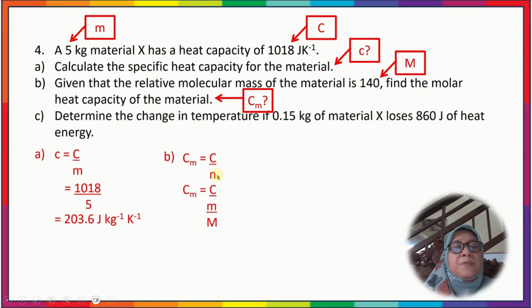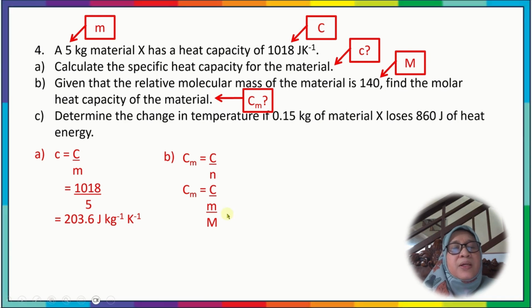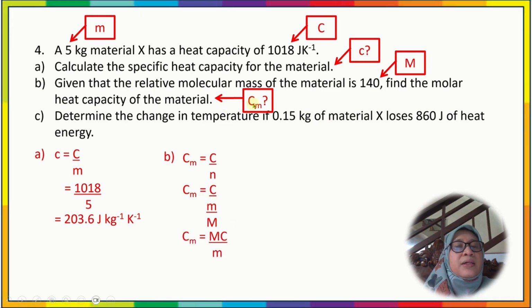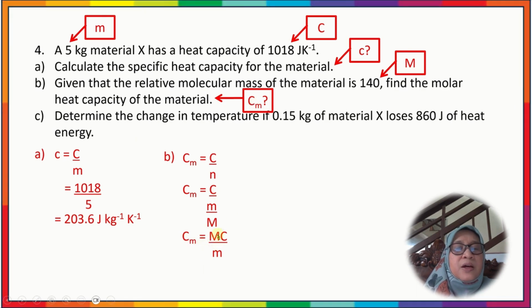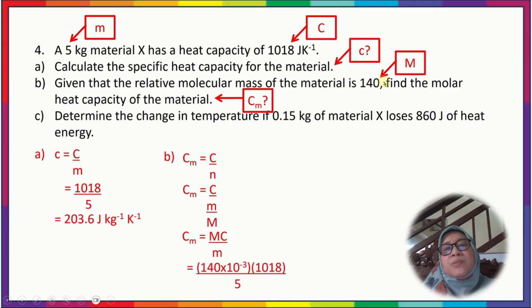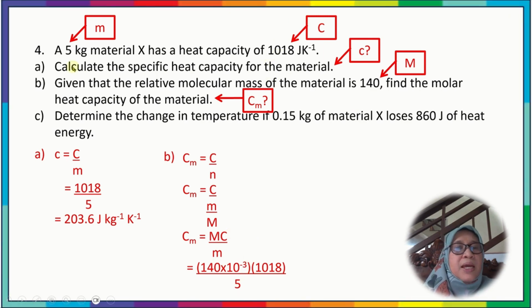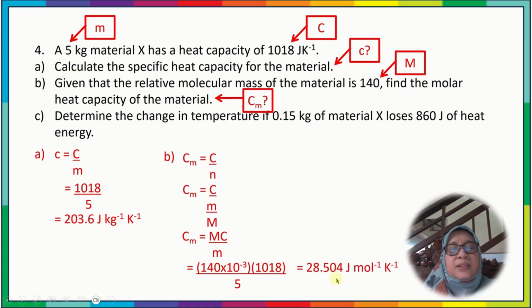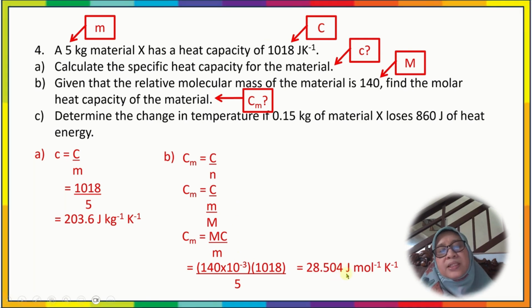For the number of moles, we use mass over molar mass. That's why molar mass is given. So to find the molar heat capacity, we bring the molar mass on top, so we get M C over m, where m is the mass of the gas. Then substitute molar mass, heat capacity, and the mass 5 kg, and you get the molar heat capacity 28.504 joule per mole per Kelvin.